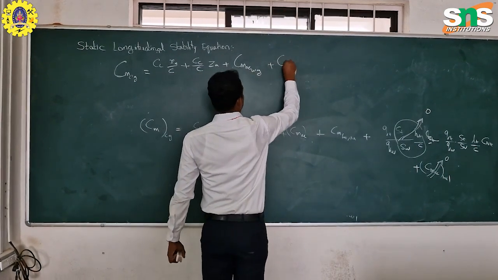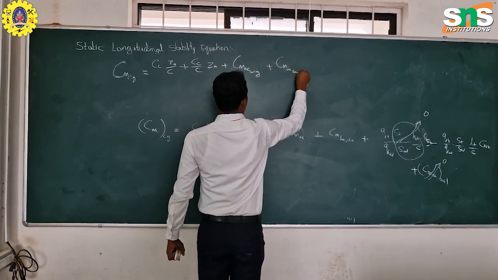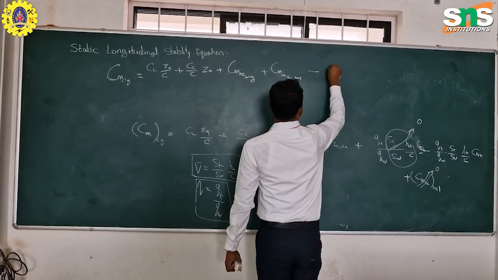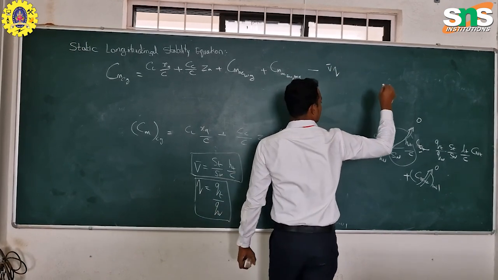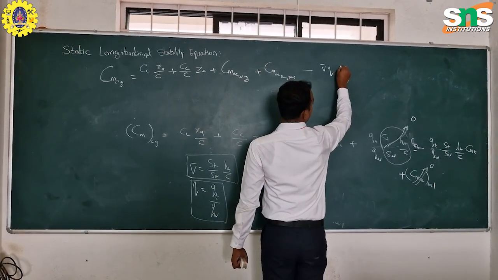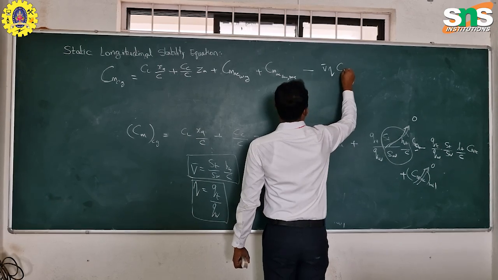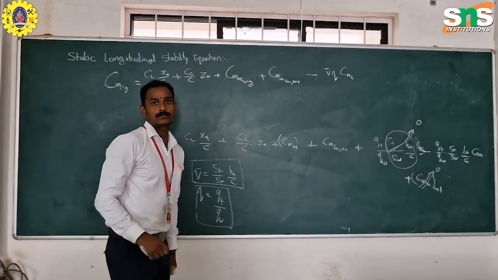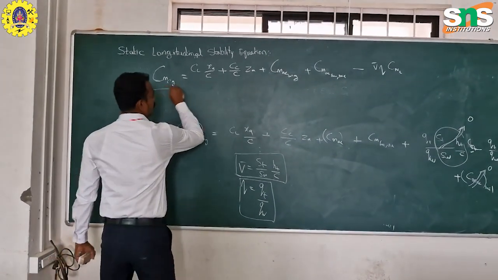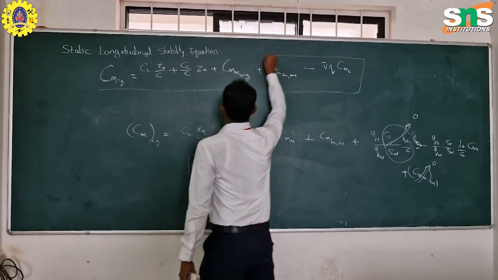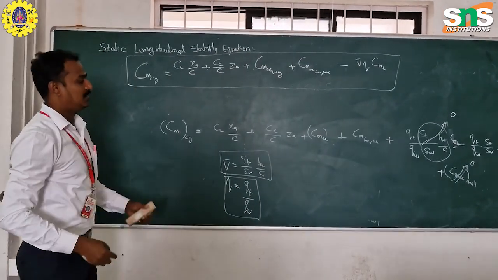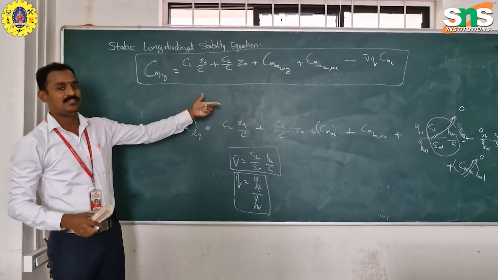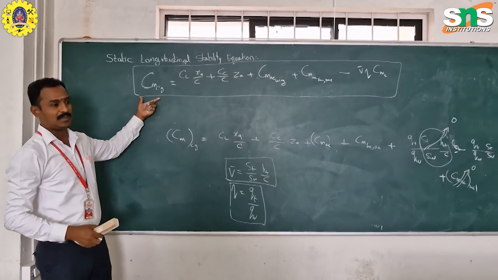Plus C M aerodynamic center of the fuselage and nacelle, and minus tail volume ratio, tail efficiency and the coefficient of normal force of the tail. Right? This is the overall equation which combines the portions of the main wing, tail wing and fuselage from the equilibrium equation.